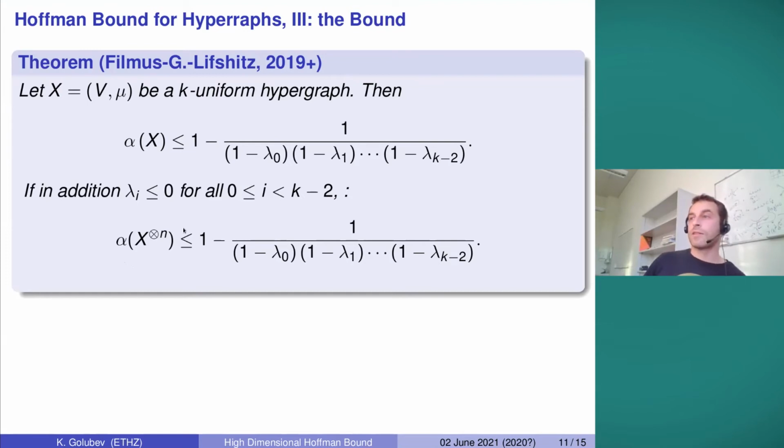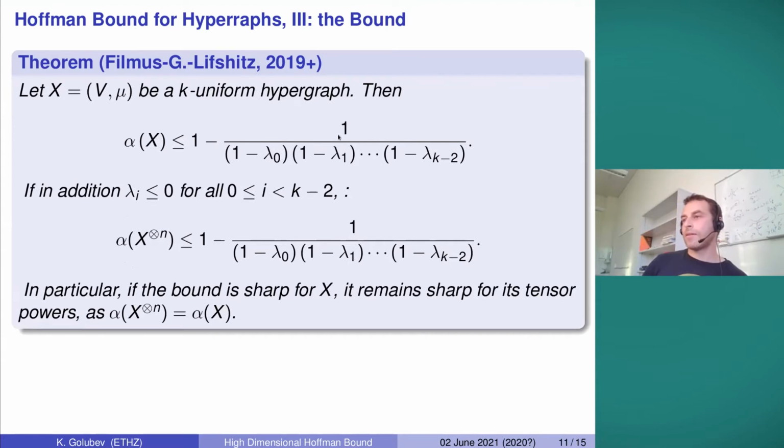A remark: it might happen that you come up with a hypergraph for which some of the lambdas are positive. In particular, this last thing means that if we start with a hypergraph for which the bound is sharp, it remains sharp for its tensor powers.